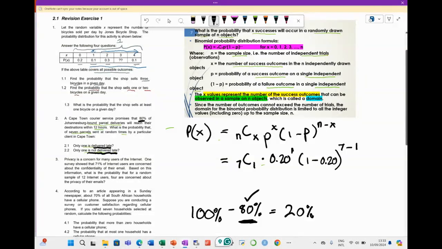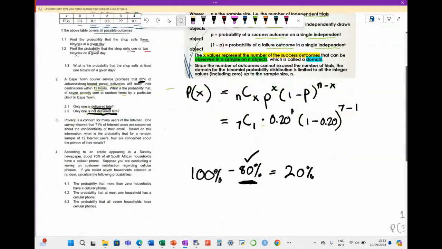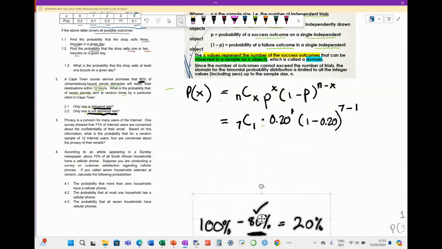I'm just going to not erase this at the bottom, because maybe someone might ask a question and need to reference back. Anyway, so here we go. Where's my calculator?